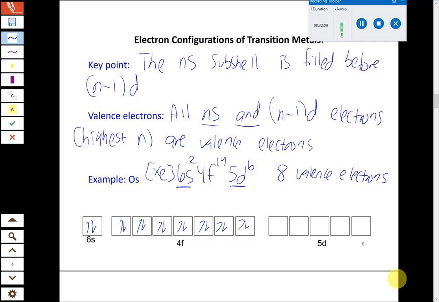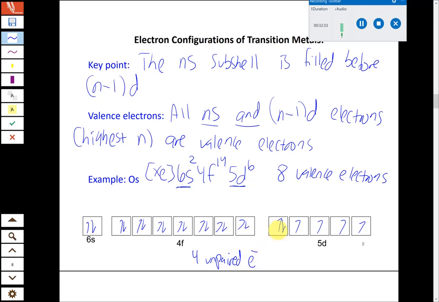So we're going to do 1 electron at a time with the same spin, so we're going to go 1, 2, 3, 4, 5. The 6th one has to be paired up with one of these other ones. In reality, it doesn't matter which one, but by convention, we go back to the first one and put it like that. So this will be the correct arrangement of the 5d electrons, and that leaves us with 4 unpaired electrons.